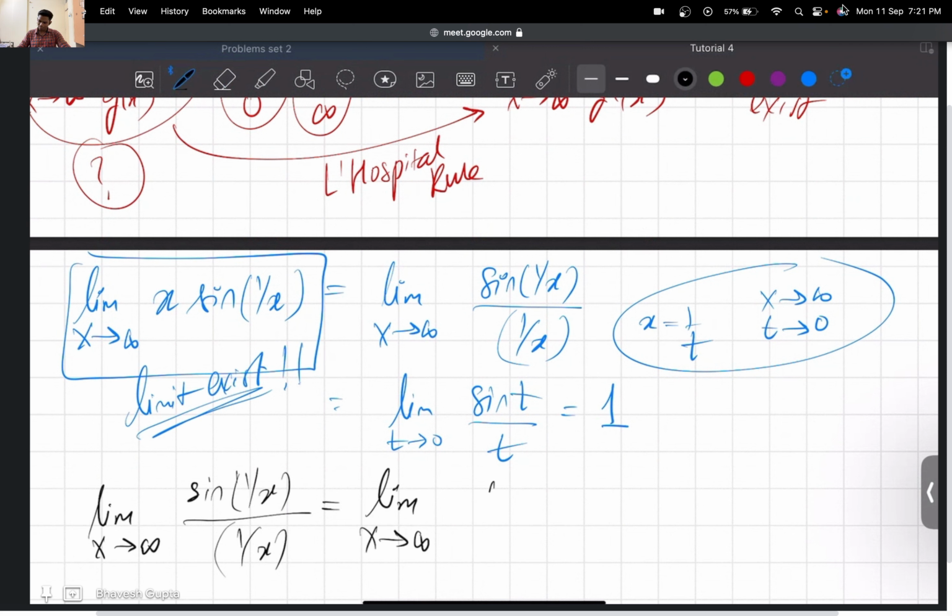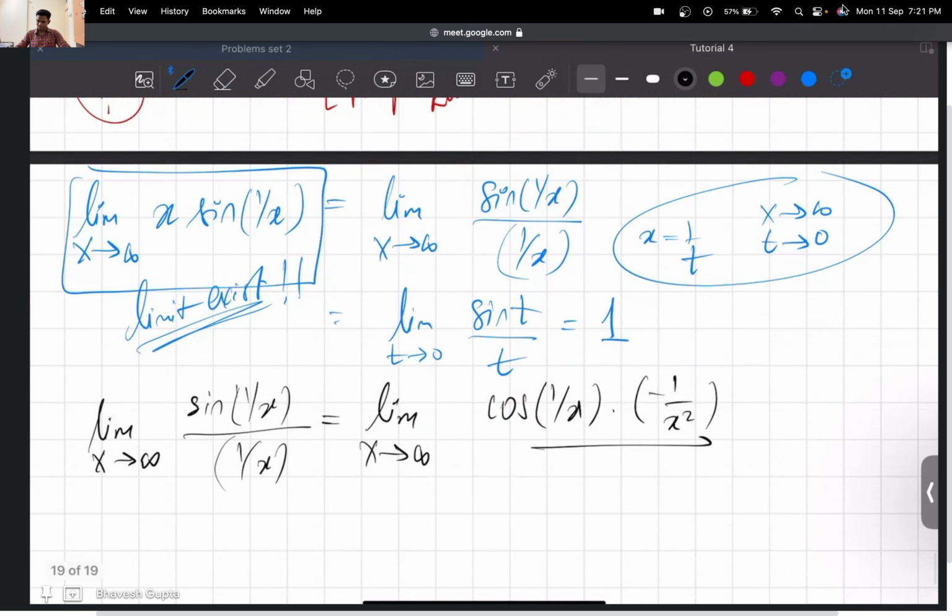We know sine will become cos of 1 over x, and we have to multiply by 1 over x squared. And in the denominator also we have 1 over x squared. We can always cancel, right, because they are very close to 0, but they are not exactly 0. That's the main point. The moment we take the limit, this turns out to be cos 0, and we know cos 0 is 1. So we see that in this case also L'Hopital's rule works.